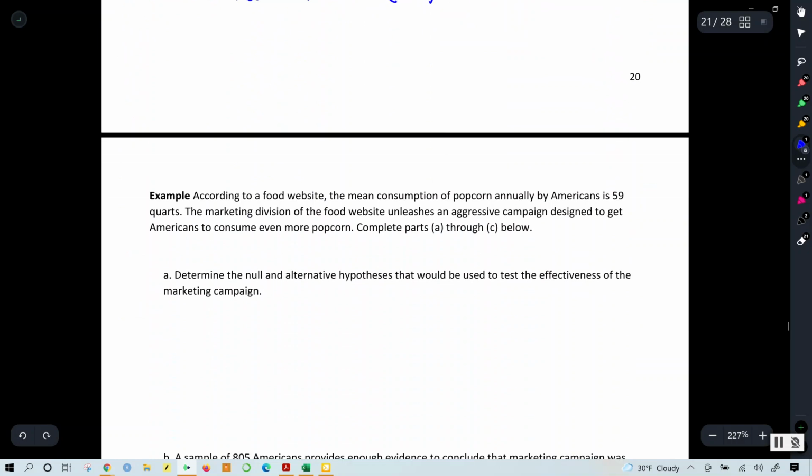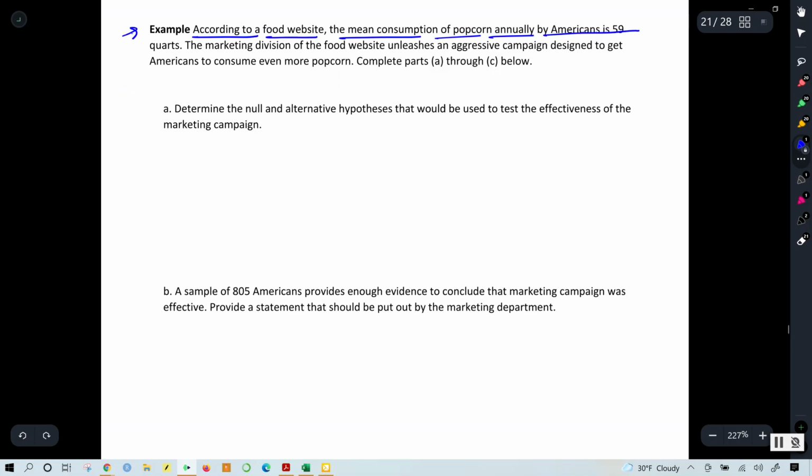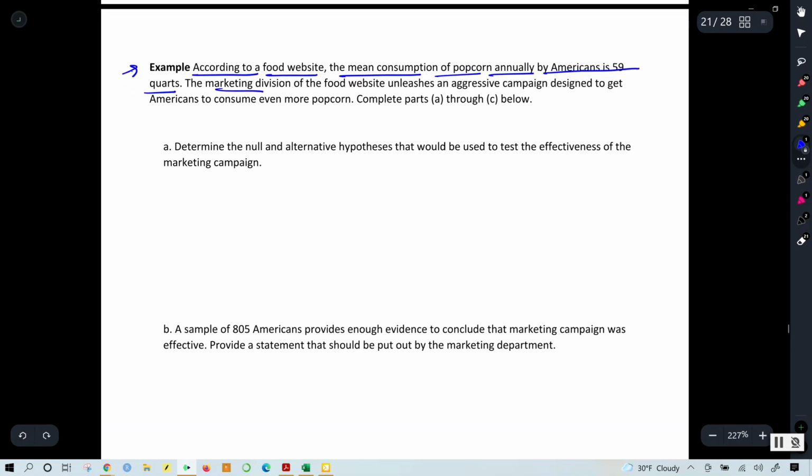Okay, then we proceed to the next example, talking about types of errors. According to a food website, the mean consumption of popcorn annually by Americans is 59 quarts. The marketing division of the food website unleashes an aggressive campaign designed to get Americans to consume even more popcorn.